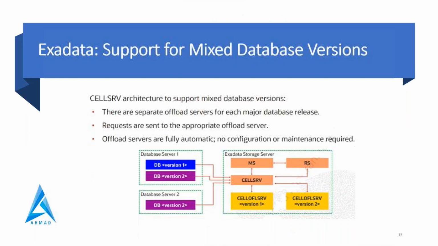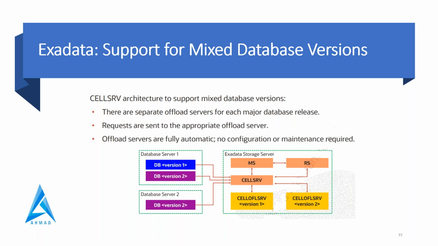What if you have mixed database servers? Database server 1, database server 2, and the Exadata storage server have MS, RS, cell SRV, and CELLSRV offload server. The Exadata storage server contains a separate offload server for each database release, so that it can fully support all offload operations.